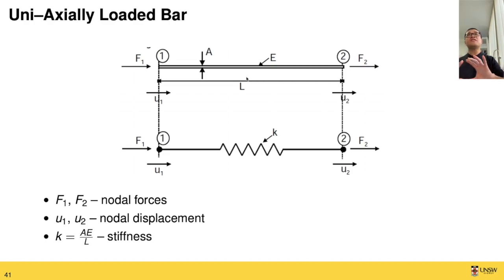So there's nothing fundamentally different between these two cases. The only thing that makes it slightly more complicated is that you change a single value K to a quotient AE over L for this metal bar, which governs the fundamental mechanical property of the finite element.